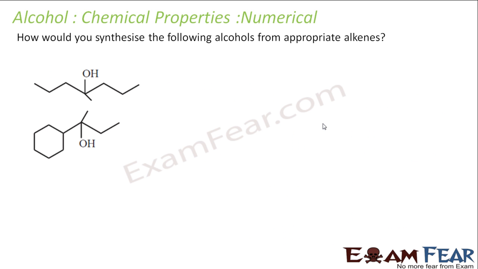So again, a similar question. How will you synthesize the following alcohols from the proper alkene? Here also we have to somehow make this a double bond. If I use this or this, it's difficult, because OH can join here or here. So I have to give a double bond here. If I give a double bond here, it will be fine.